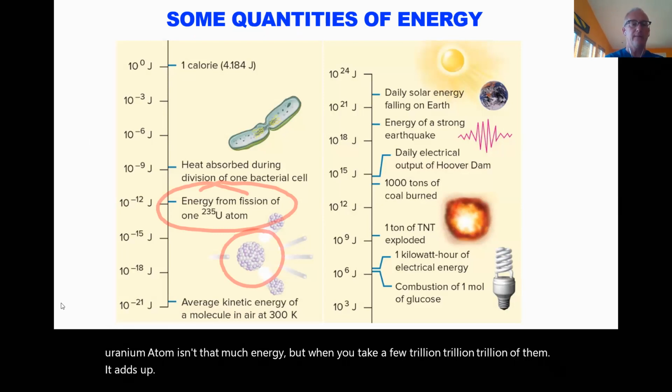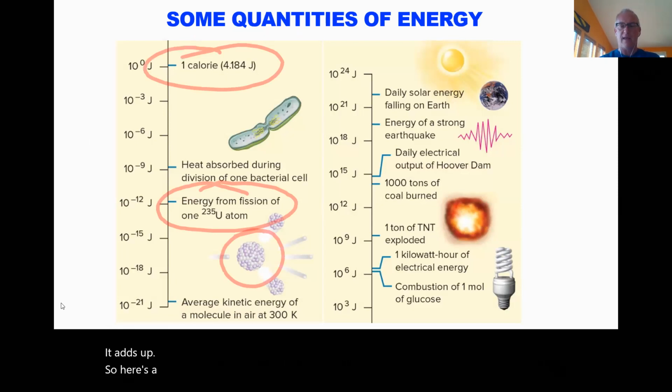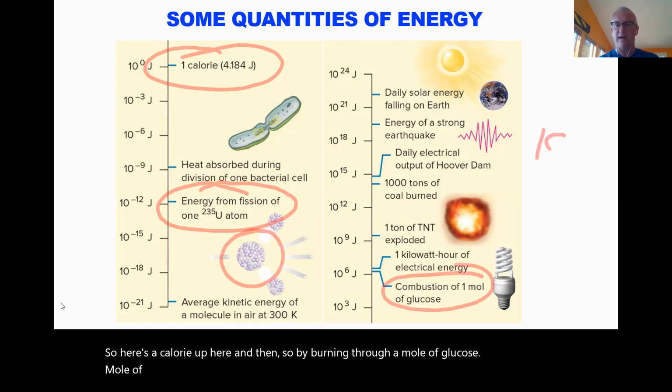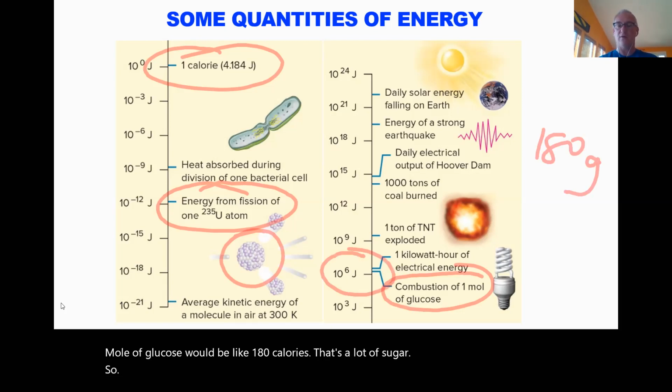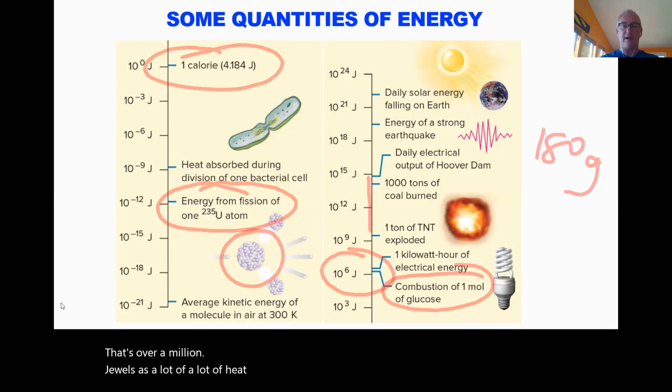So here's a calorie up here. By burning through a mole of glucose, which would be like 180 calories, that's a lot of sugar. So that's well over 1 million joules. That's a lot of heat energy. And then we just go up and up and up.